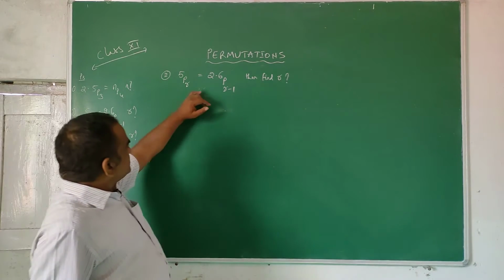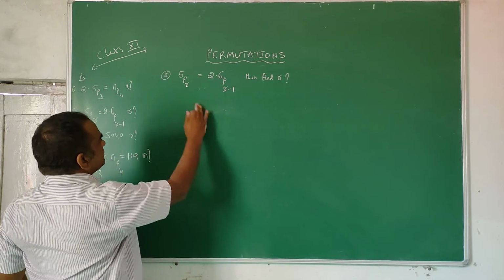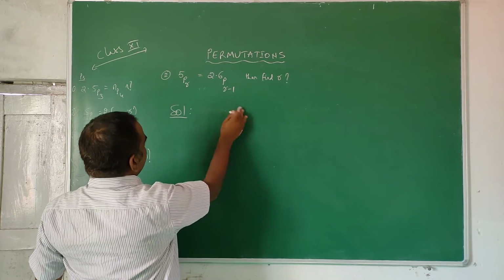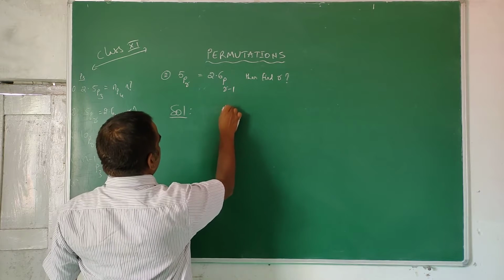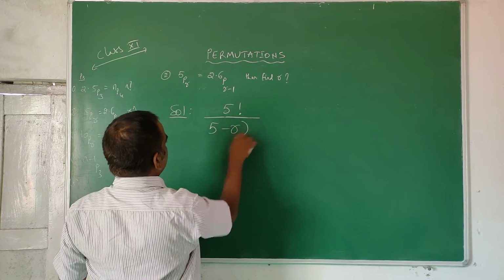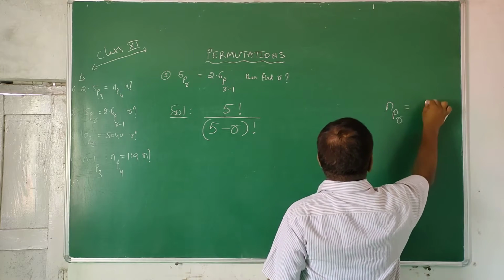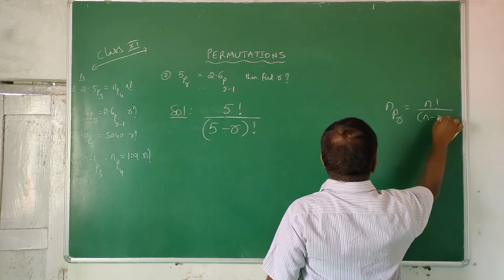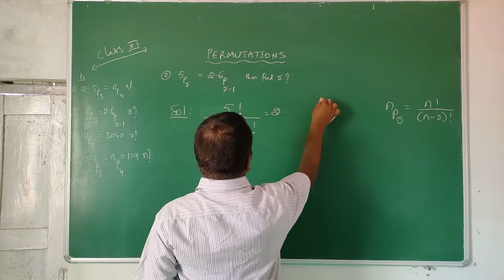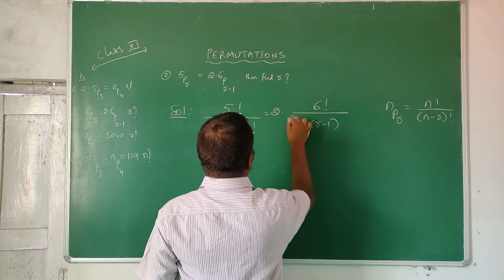Dear students, our next question is 5pr is equal to 2 into 6pr minus 1, then find r. Now the solution. If you go for the nPr formula, nPr is n factorial by n minus r factorial, so 5pr is 5 factorial by 5 minus r factorial. This is equal to 2 into 6pr minus 1, which means 6 factorial by 6 minus r minus 1 factorial.